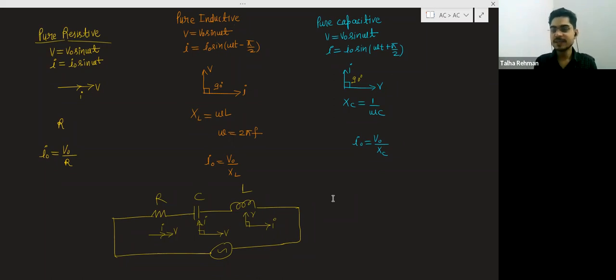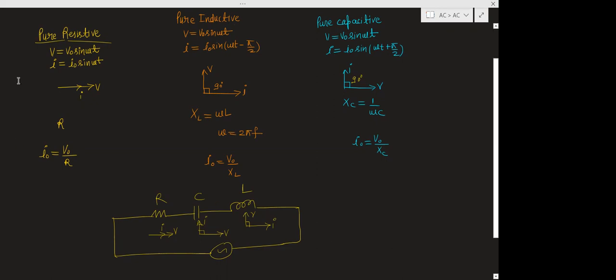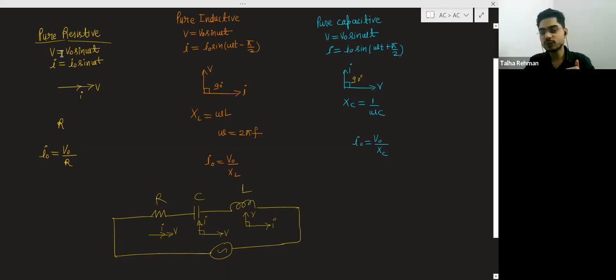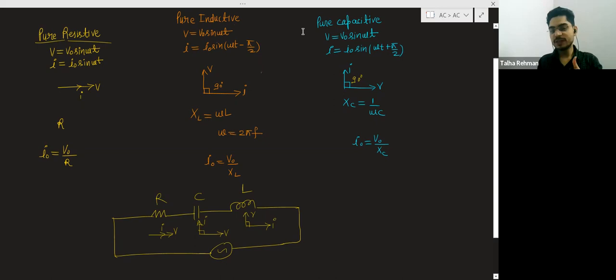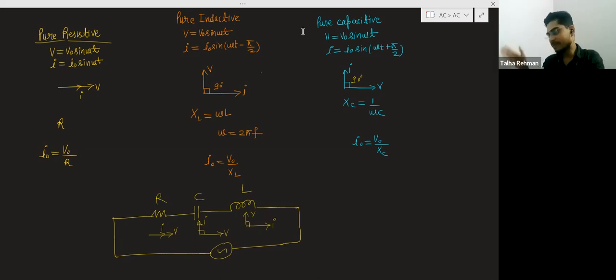And in a resistive circuit, current and voltage are in the same phase, so both equations of the current and voltage will be the same. Here is some phase difference, pi by 2 phase difference. Phase difference is basically telling you whether one quantity is leading or lagging with respect to the other quantity.